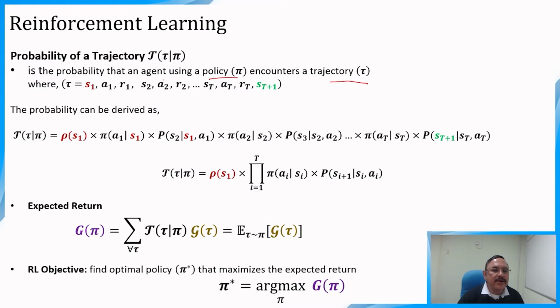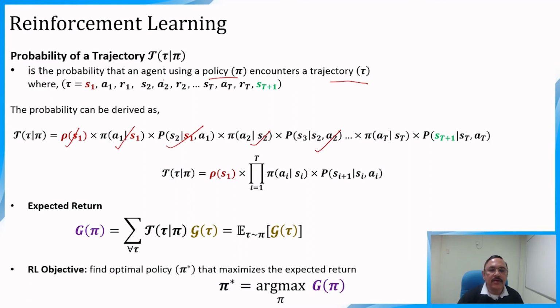The probability can be derived as this transition on S 1 with the policy pi, and the probability of S 2 reaching from S 1 on an action A, multiplied by again the policy and then the probability of S 3 and so on.